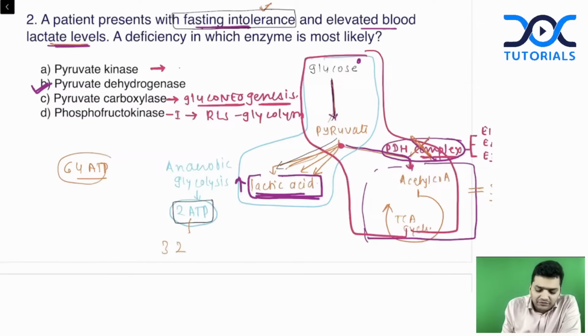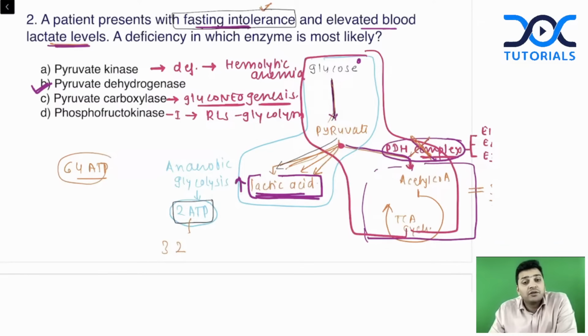Can you answer me, if there is a deficiency of this enzyme, it leads to what? It is the second most common cause of what? Pyruvate kinase deficiency leads to hemolytic anemia. Second most common cause of hemolytic anemia, because pyruvate kinase is the enzyme of the glycolysis which produces the ATP.